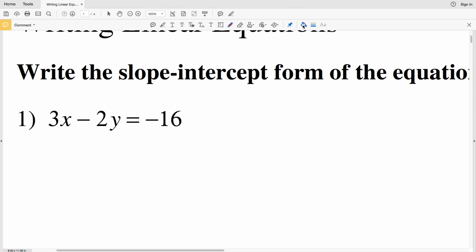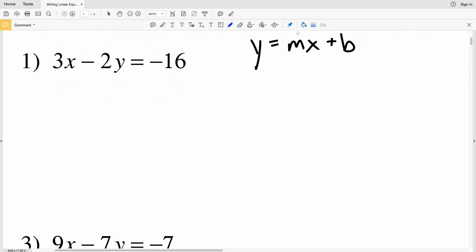As a quick reminder, slope-intercept form is y equals mx plus b, where m is the slope and b is the y-intercept. So in number 1, we have 3x minus 2y equals negative 16.